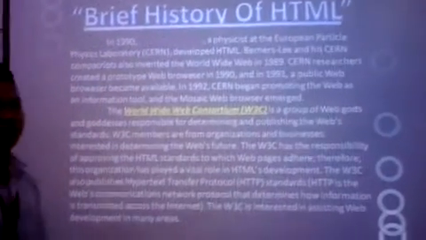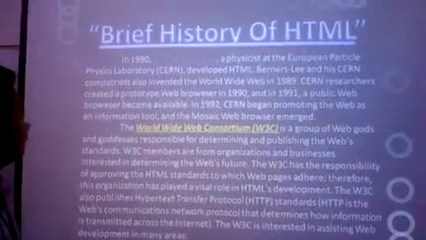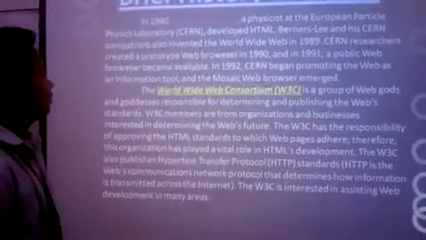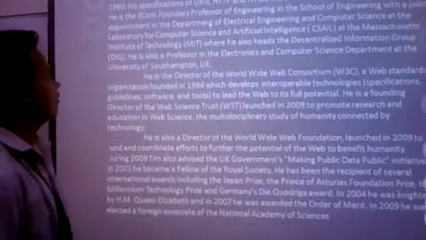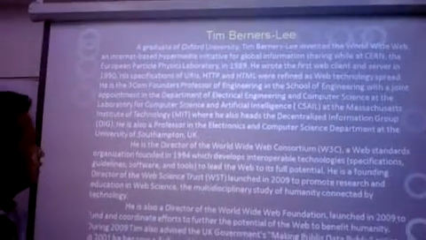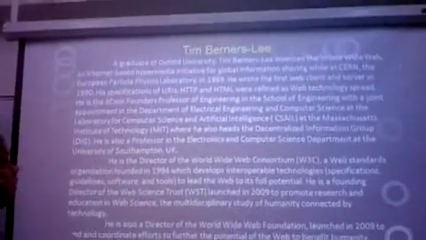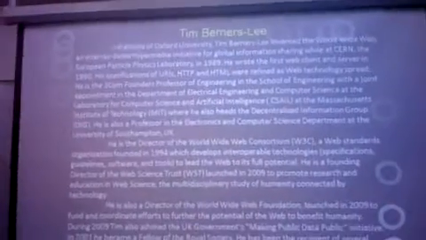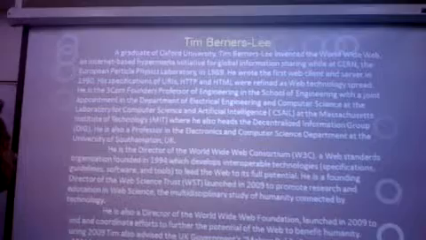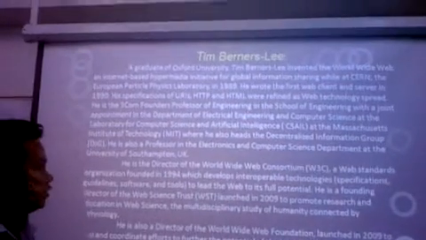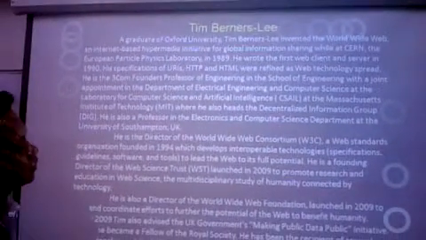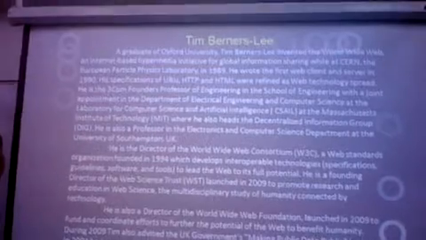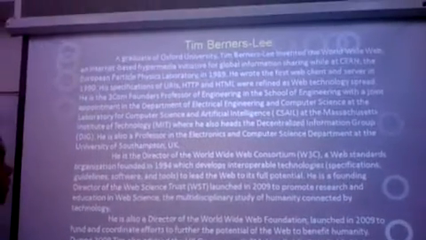Brief history of HTML. In 1990, Tim Berners-Lee, a graduate of Oxford University, invented the World Wide Web, an internet-based hypermedia initiative for global information sharing, with CERN, the European Particle Physics Laboratory, in 1989.